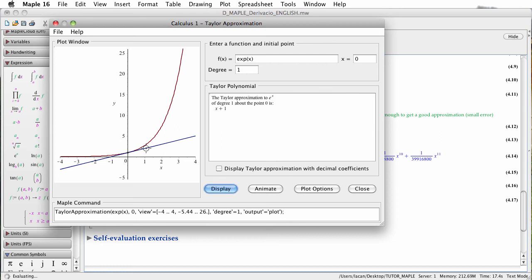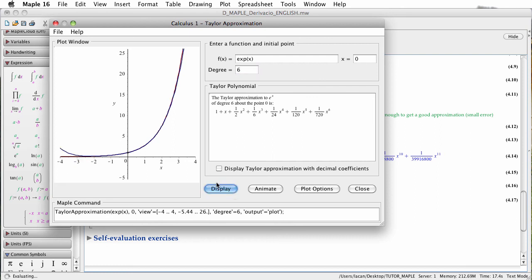Of course the value of the polynomial and the value of the exponential function here are very different, but if I increase to a parabola, you can see that the value of the function and the polynomial at 1 are quite close. If I take a polynomial of degree 3, I cannot see visually the difference between these two values. And if I increase, you can see that the function and the polynomial at point 1 are going to be closer and closer.